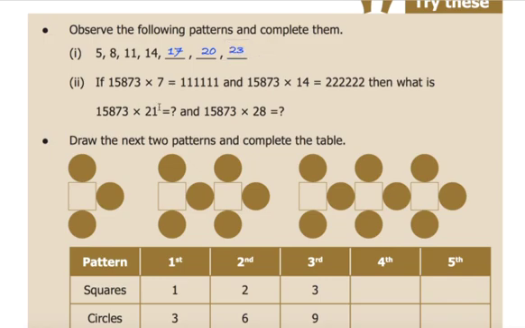If this into 7 is all ones, 6 ones, and this into 14 is 6 twos, then what is this into 21 and into 28?